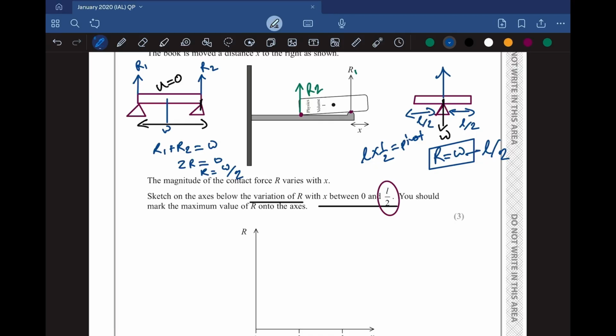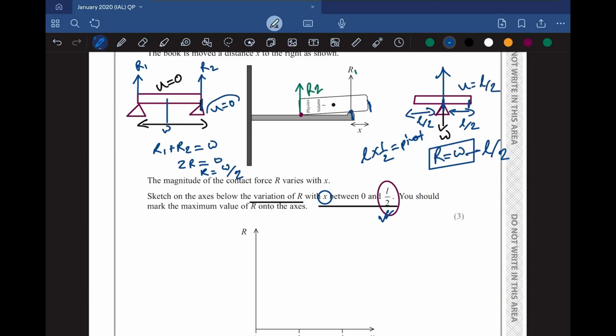That's why it is called L by 2. So for the variation of R with x between 0 and L by 2, x is actually the distance from the pivot to the edge of the book. So here from the pivot to the edge of the book, x is equal to 0, and here from the pivot to the edge of the book, x is equal to L by 2.